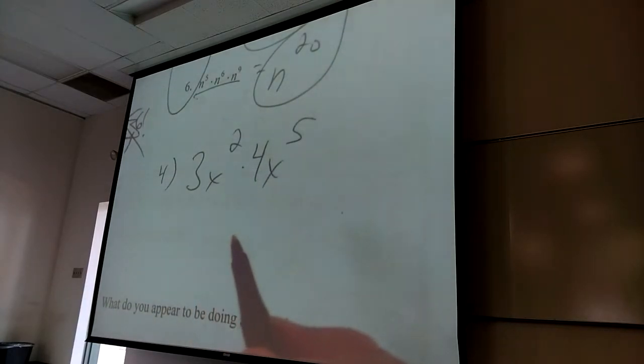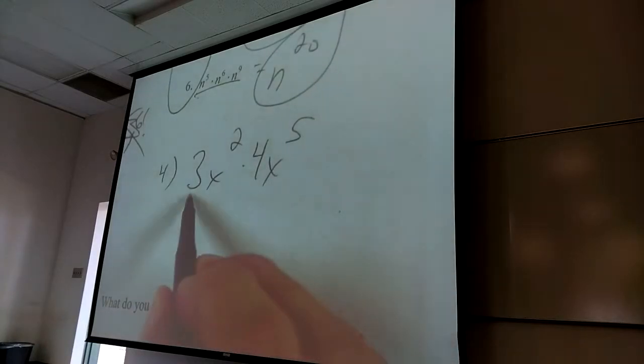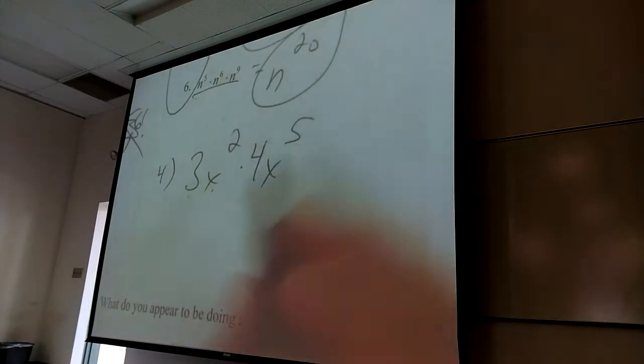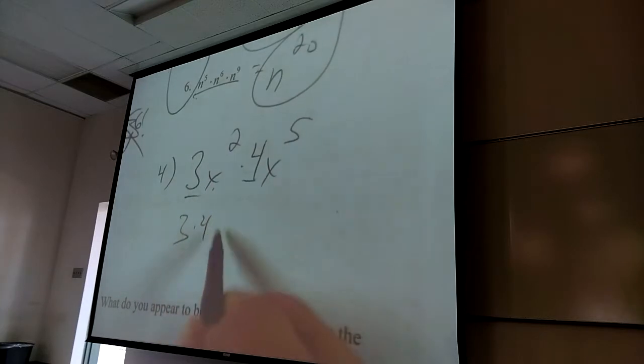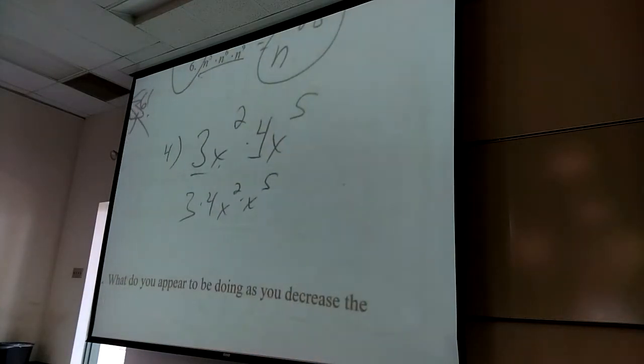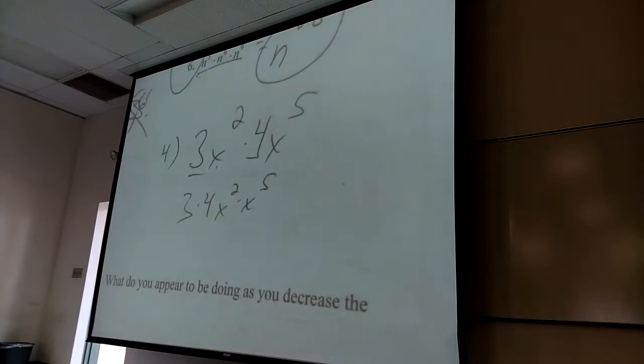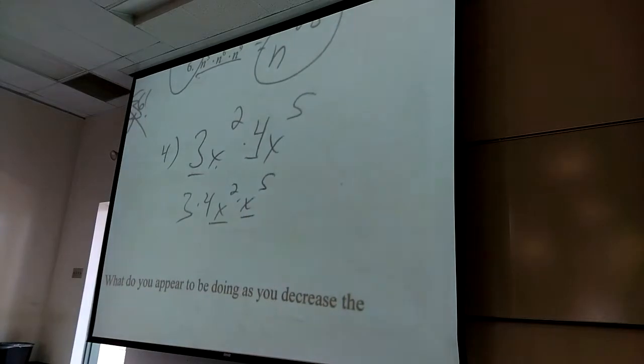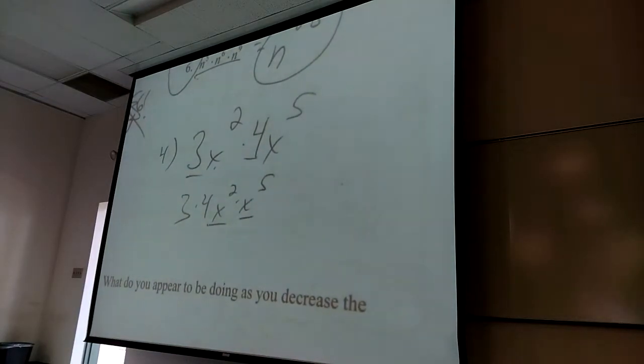It's commutativity. I can move them around, so I can do 3 times 4. Now, do I actually write this? Hopefully not. But this is what we're actually doing. We multiply the numbers because we can. We collect the x's together because we have a property that tells us how to do that. Cool with that?